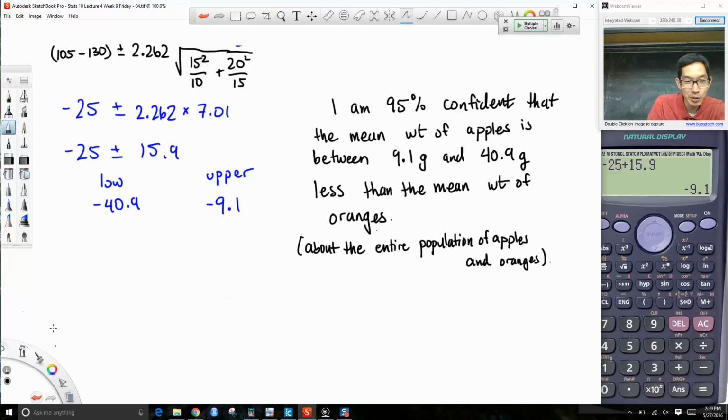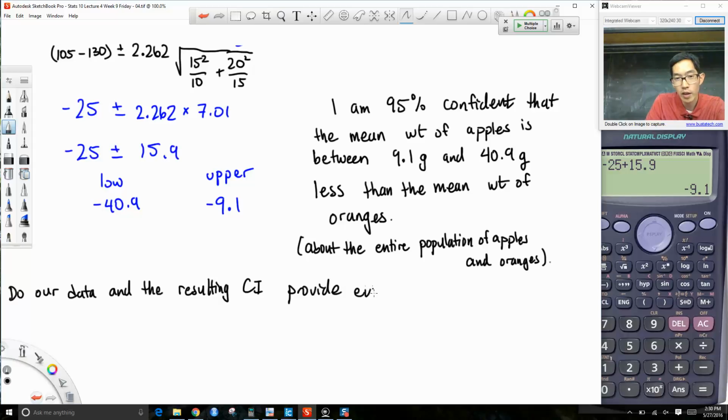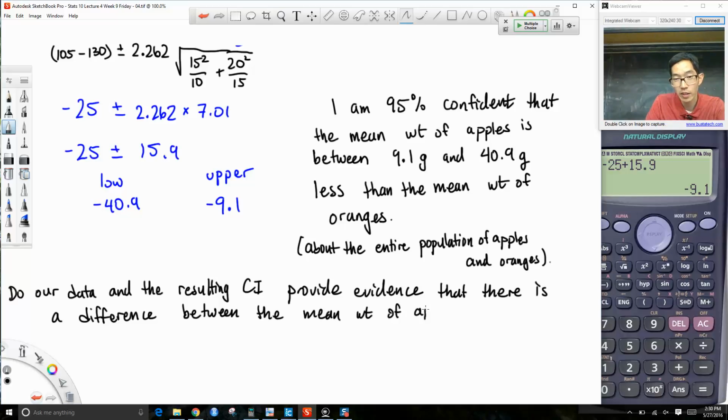All right, so let me ask you a question based on this. Do our data and the resulting confidence interval provide evidence that there is a difference between the mean weights of apples and oranges?